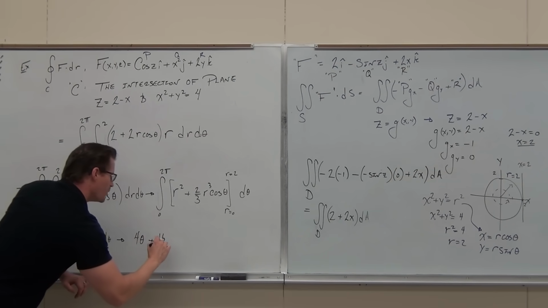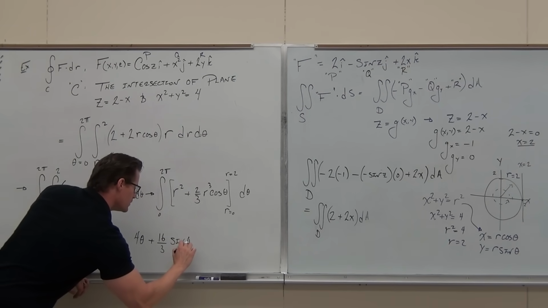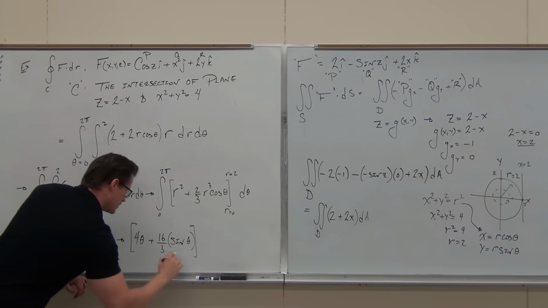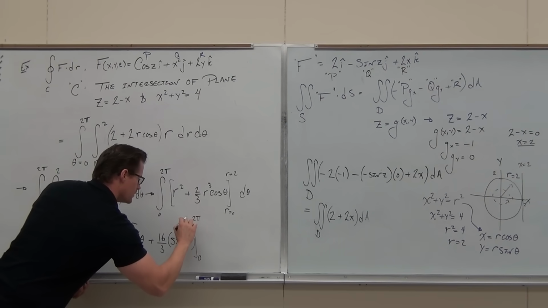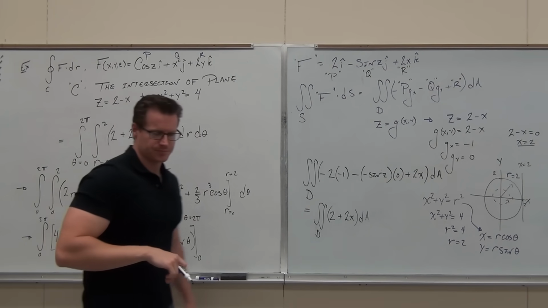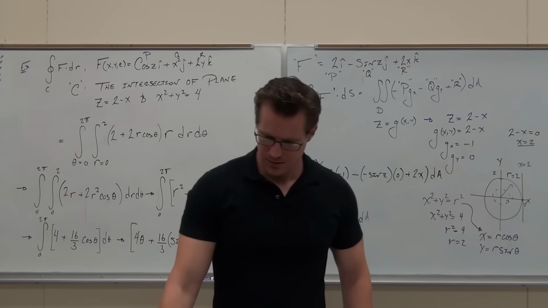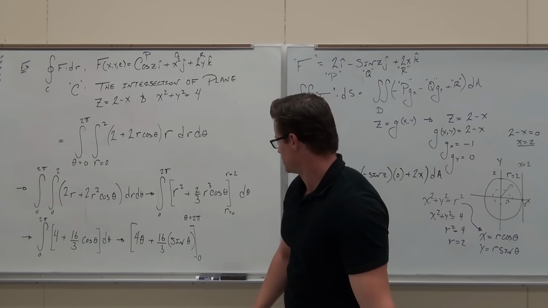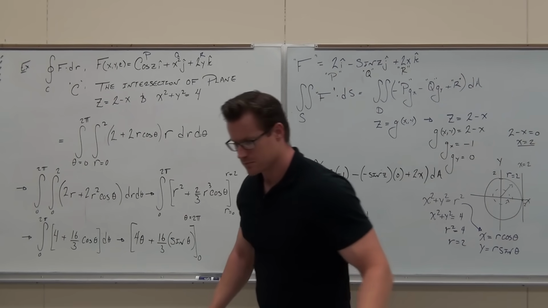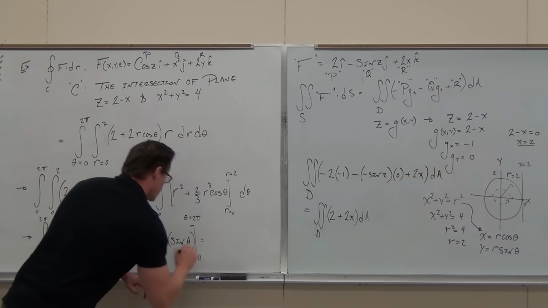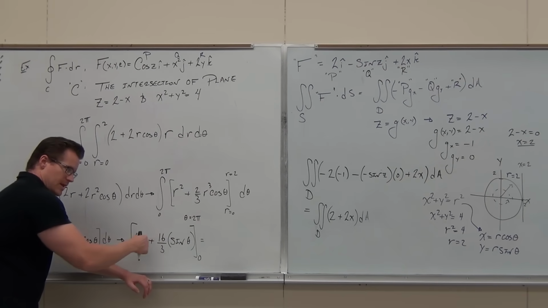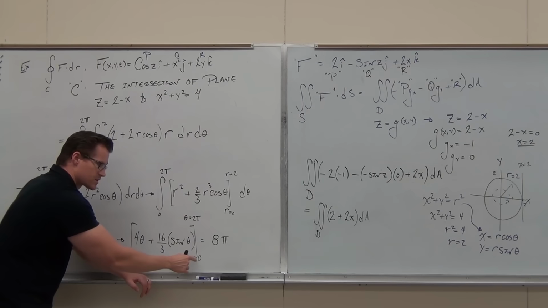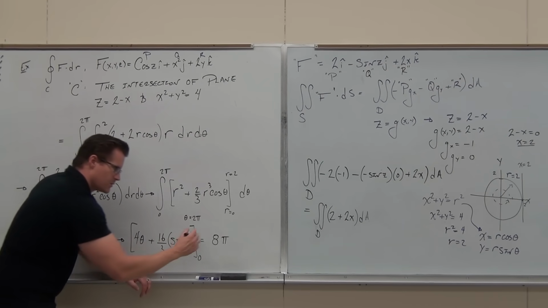No. Yeah, definitely plug that in, we're going to get 8 pi. Plug in 2 pi here, sine of 2 pi is 0, sine of 0 is also 0, theta with 0 is 0, we get 8 pi.